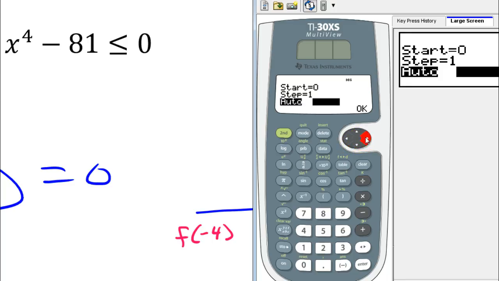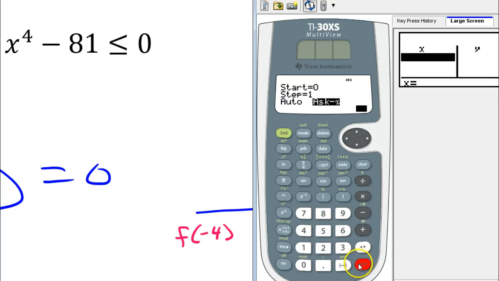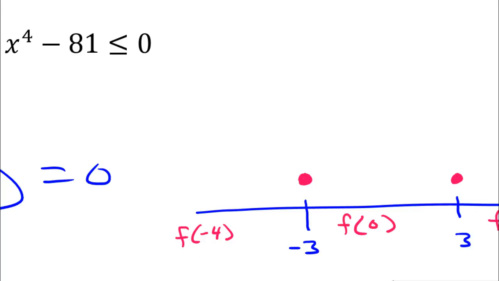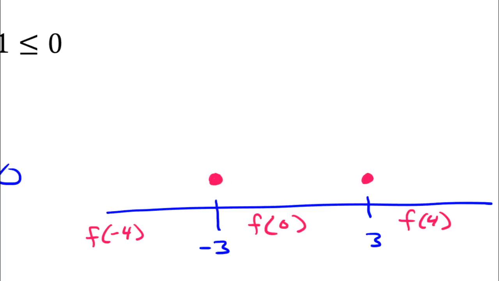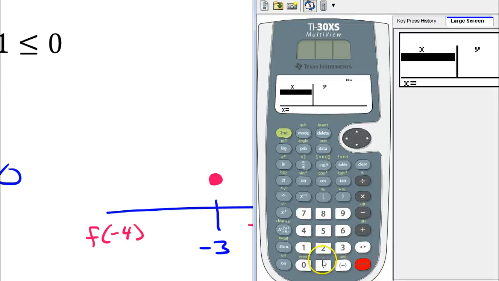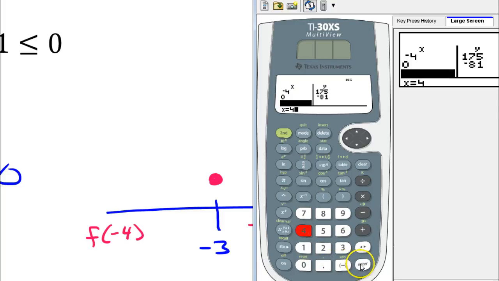So I'm going to come over here to Ask X and hit enter. So now I can type in exactly the values that I want to use. So we decided on -4, 0, and +4. So that's what I'm going to put in, -4, 0, and +4. Okay, so I can see the y values that I'm going to get: 175, -81, 175.